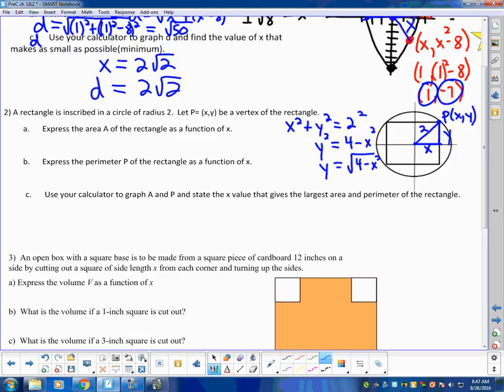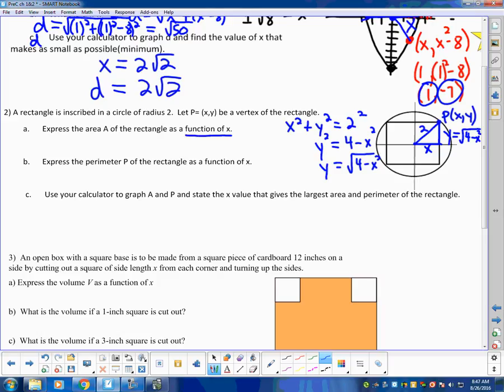So what I'm saying here is that my dimensions are x by square root of 4 minus x squared. Okay. So instead of y there, I have square root of 4 minus x squared. That's my goal, is to get an equation for the area of the rectangle all in terms of x. That's what it means to say as a function of x.